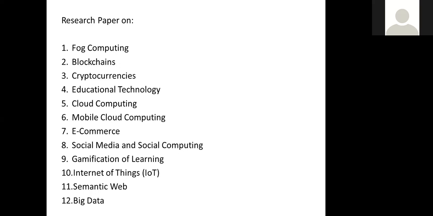And the reason why I'm telling you this is that if you choose a topic from the first 6, there is a possibility that I might be able to publish your paper in my journal.